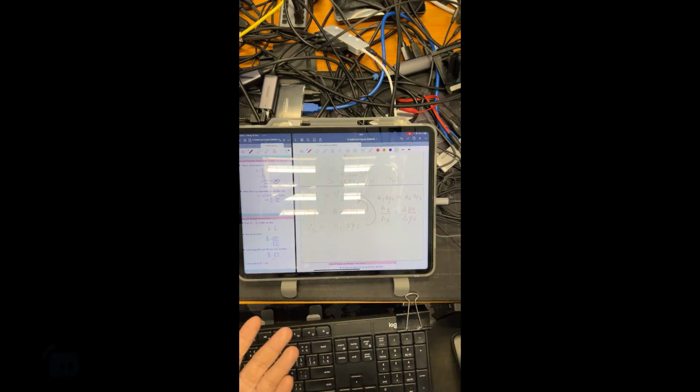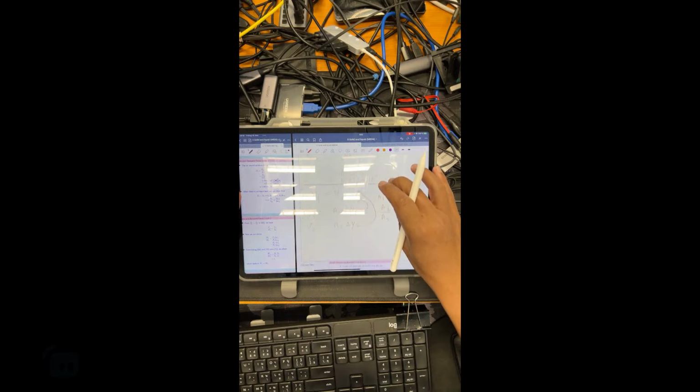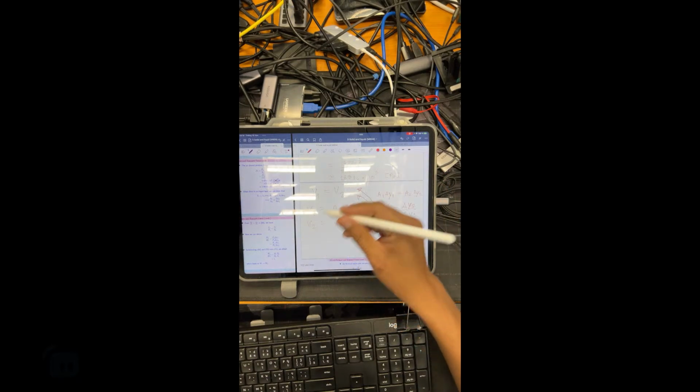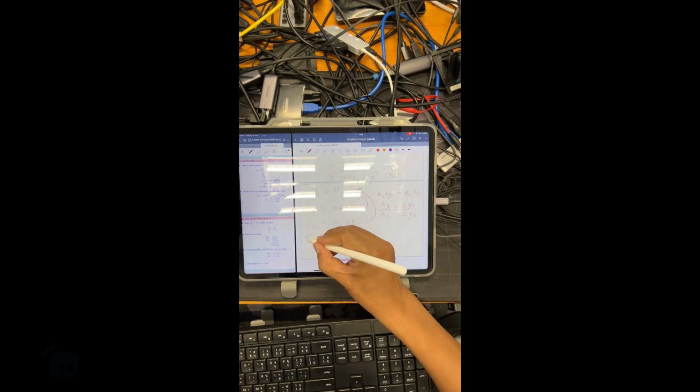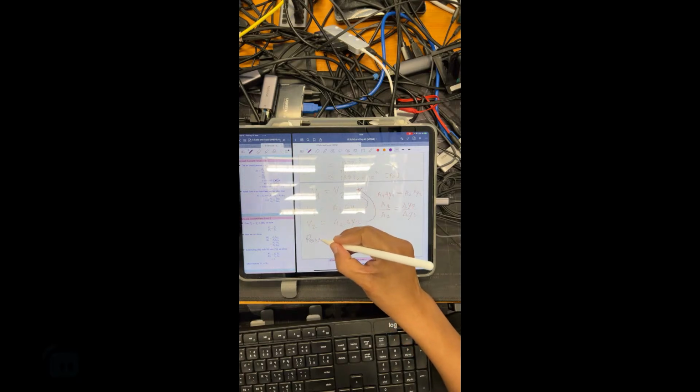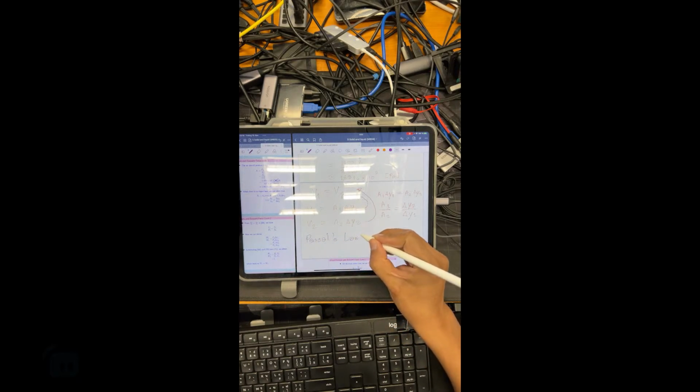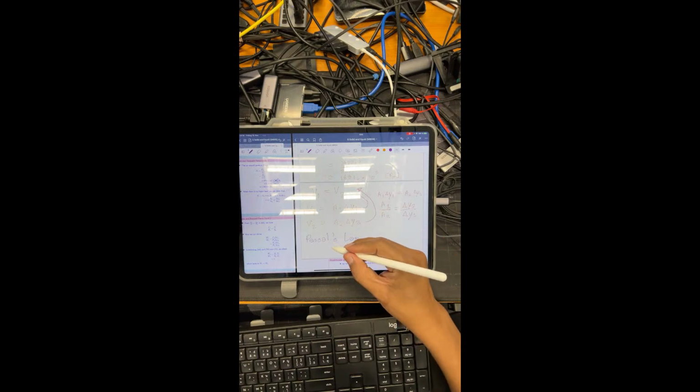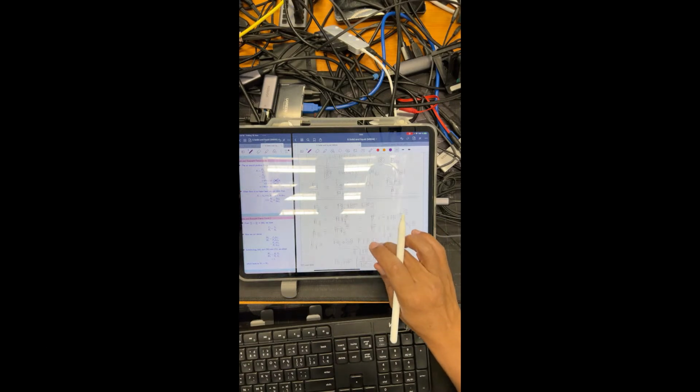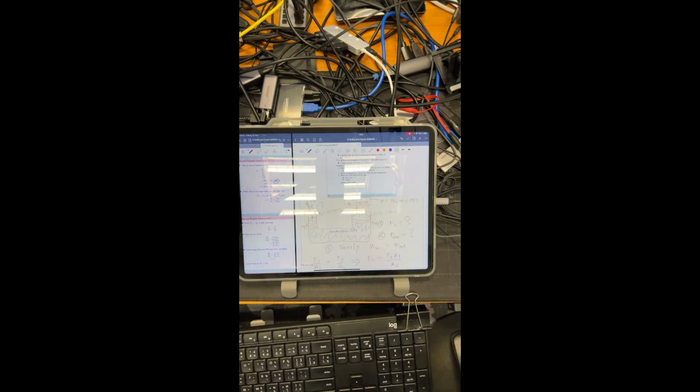That's the first relation, we keep that. After that you know from Pascal's law that the pressure inside this hydraulic lift at the same height would be the same.